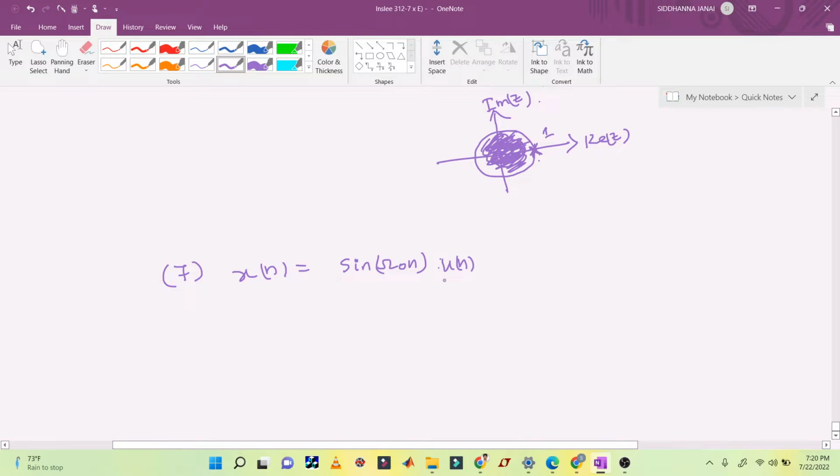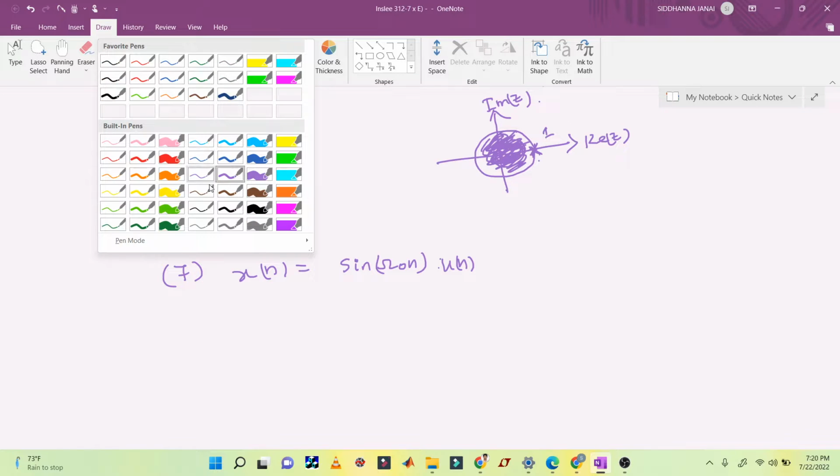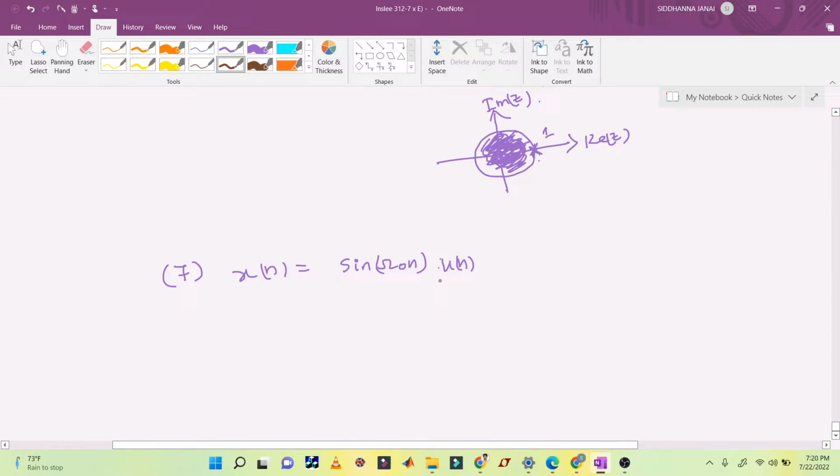Is this a right-sided sequence or left-sided or a double-sided sequence? Yes, it is a right-sided sequence because we are multiplying sine omega naught n by u of n. So limits automatically will be from n is equal to 0 to infinity. Remember this. Now let us move on to the procedure what we know.